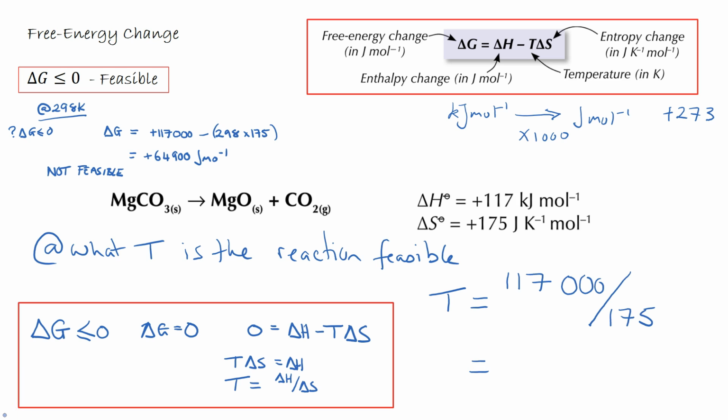And what we end up with, if we just round this to 3 significant figures, is a value of 669 Kelvin. For this particular example, if we go above this value, then our T delta S value will become greater than our enthalpy value, and therefore above this temperature delta G will be less than 0. We can end up with a temperature greater than or equal to 669 Kelvin, and the reaction becomes feasible.